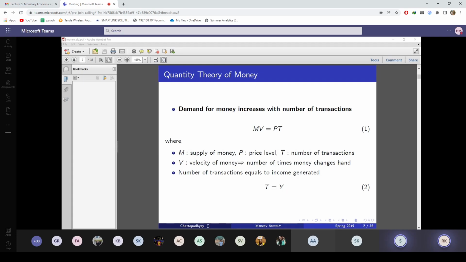So 50 plus 50, 100 units of income get generated. The money supply is the same. The central bank creates that 50 rupees and gives it to Odrija. Odrija purchased one pen from Sneha, gave that 50 rupees to Sneha. So income generated is 50 rupees through one transaction. When Sneha gives it to Sachi, income generated in the total economy is 50 plus 50, 100 rupees through two transactions.